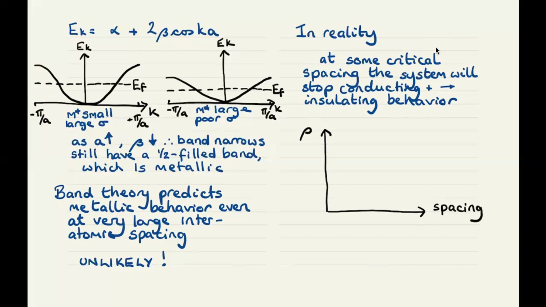It happens rather sharply, so that at small spacing, the system is a metal, but then at some critical spacing, it rather abruptly changes over to insulating behavior. And this, of course, is not what we see in our band theory. So this is a sharp transition.